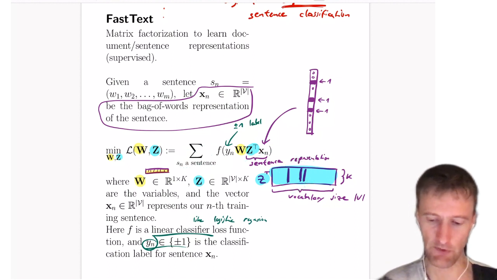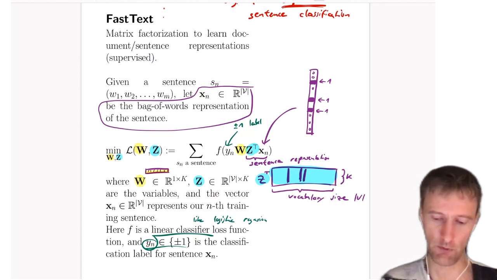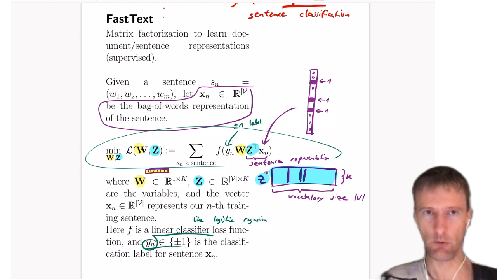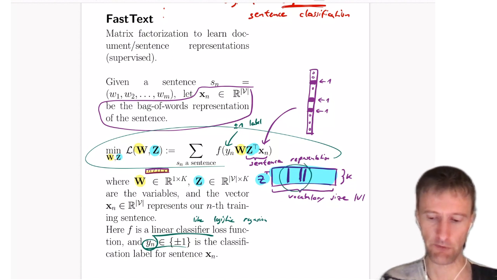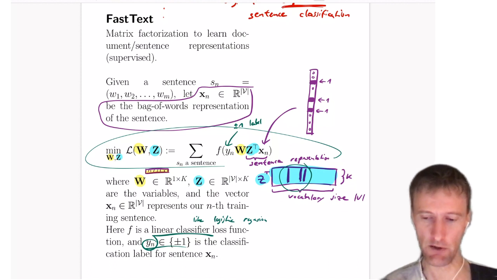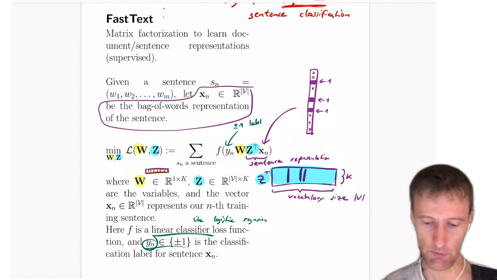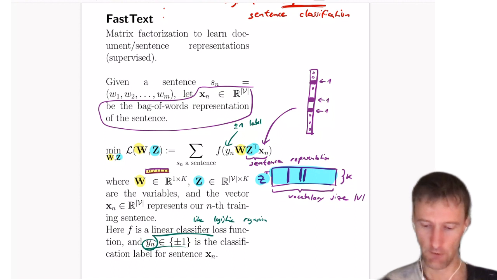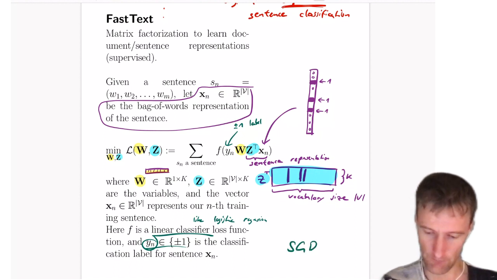So the complexity to do one stochastic gradient step is order of k times the sentence length. Here I have sentence length 3 and k maybe 100. In that time I can update the relevant columns of Z and also update the W, which is of course super cheap. It just costs me k. So SGD again with very good efficiency.